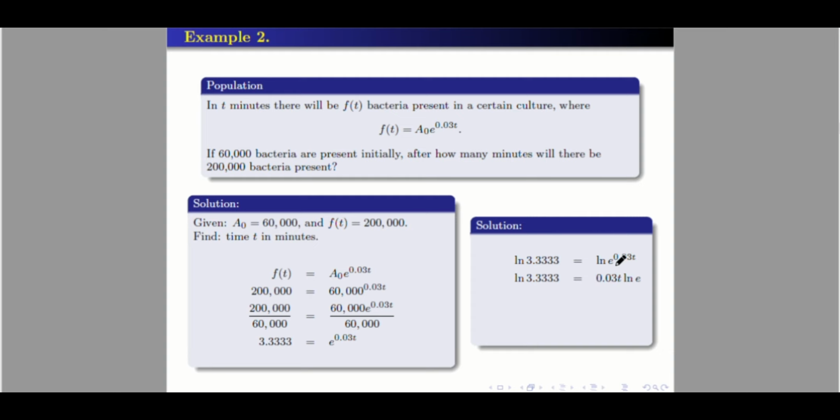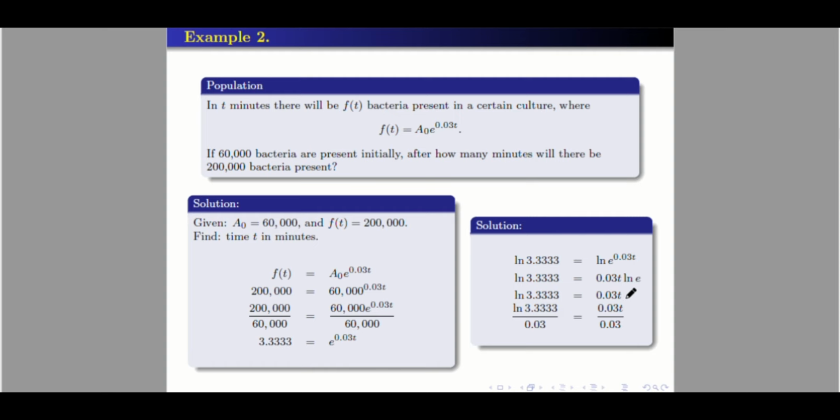So 0.03t will now be a coefficient of ln e. And then take note that ln e is equal to 1. So meaning we're left with 0.03t.